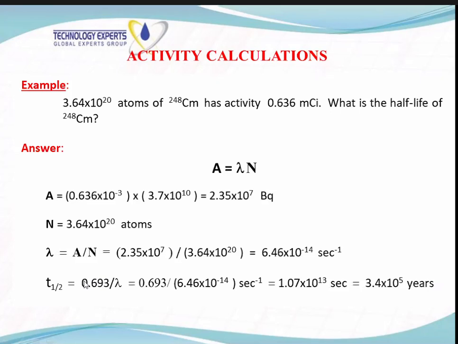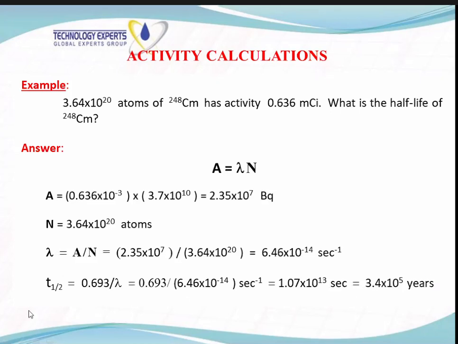Now, I will use the equation T half = 0.693 divided by lambda. Let's do it. This will be T half in seconds. If you need to convert to years, divide by 365, divided by 24, divided by 60, divided by 60, and you get it in years.